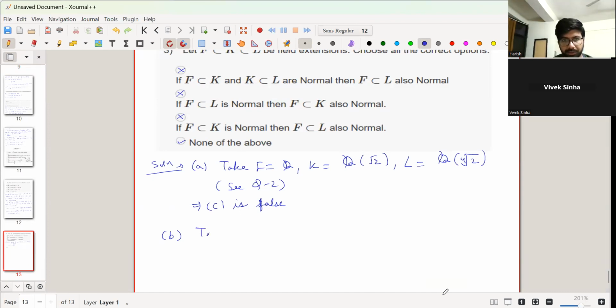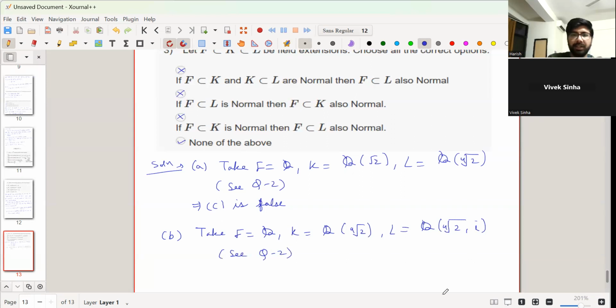So take F to be Q, K to be Q adjoin the fourth root of 2, and L to be Q adjoin the fourth root of 2 comma i. Here also I will say that see question number 2, because we have seen that.